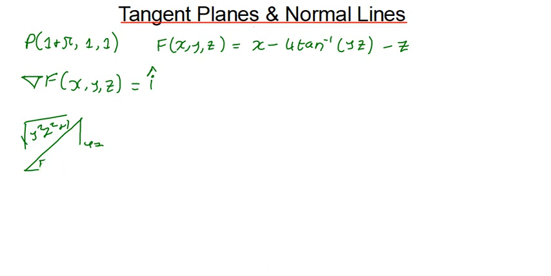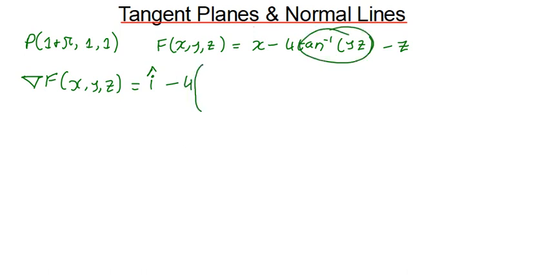Now when you go through that process and differentiate, you're going to find that the derivative of this part, without the 4, so I'm going to say minus 4 and open bracket, is simply 1 over y squared z squared plus 1.